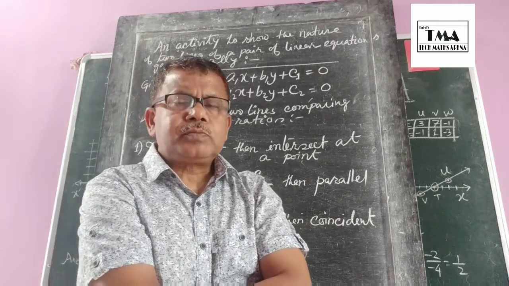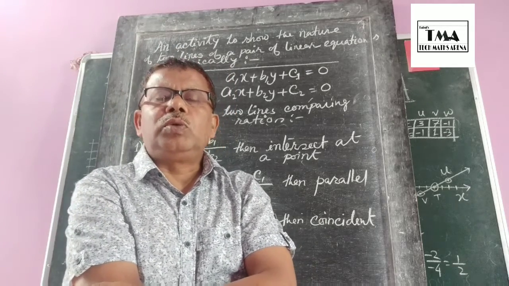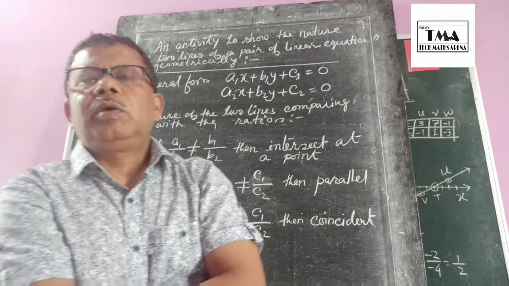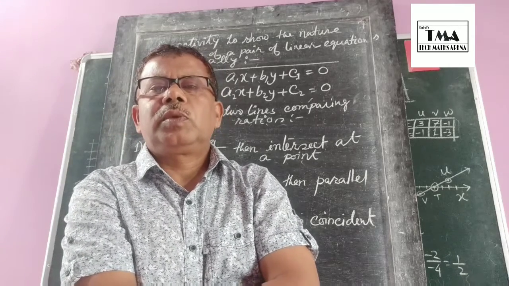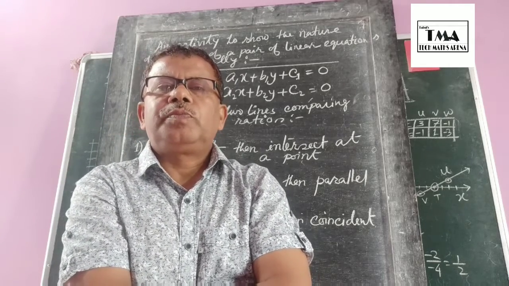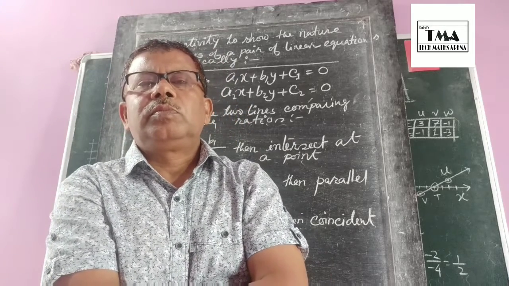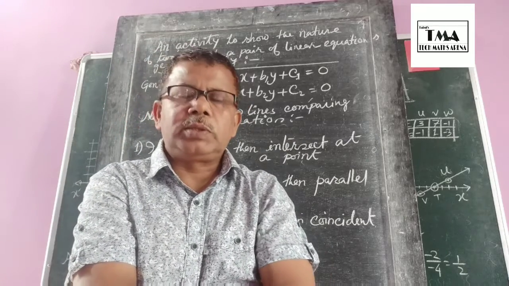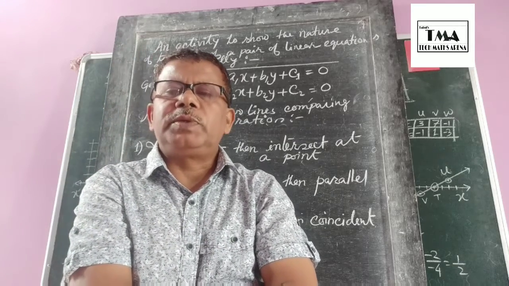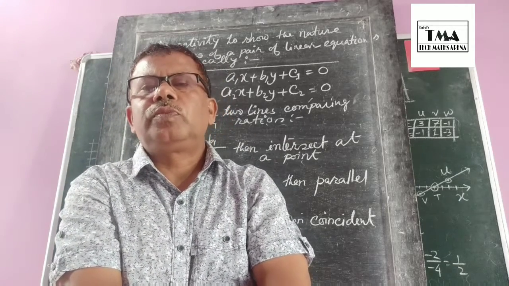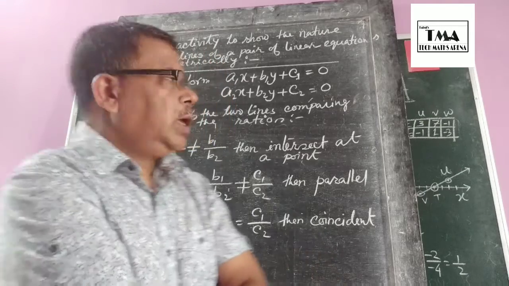From this activity we will verify the nature of the two lines and also compare the nature of two lines with the ratios of the coefficients and constants of the two equations.